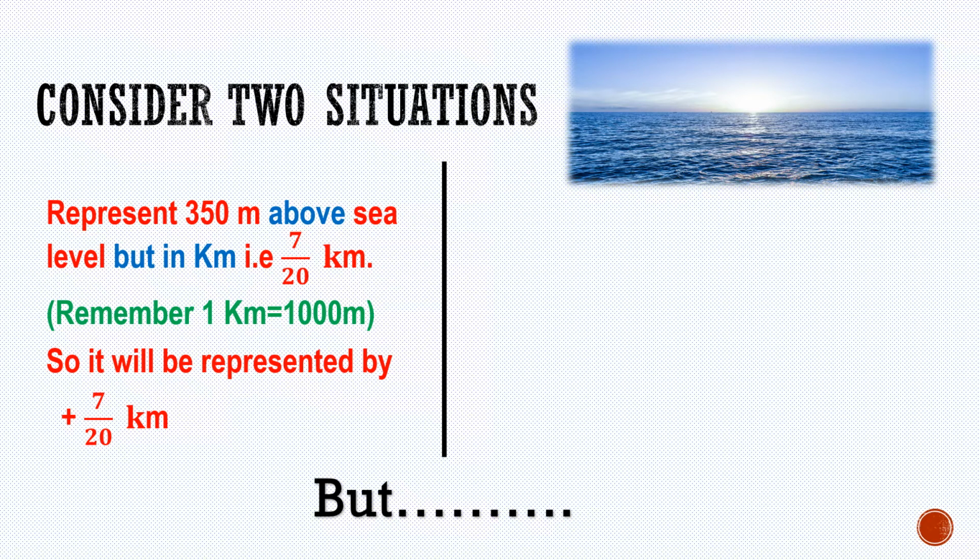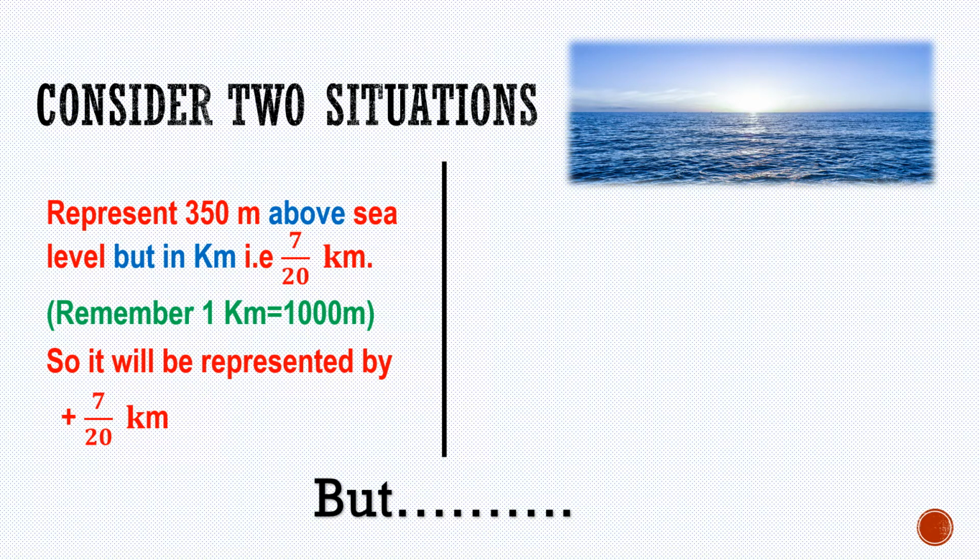If something is above, then we have already read in integers that it is represented with a plus sign. So I have written plus 7 over 20 kilometers. Right. So this is the first situation, which we are already well aware of. By knowing about integers, we have represented it with plus 7 over 20 kilometers.